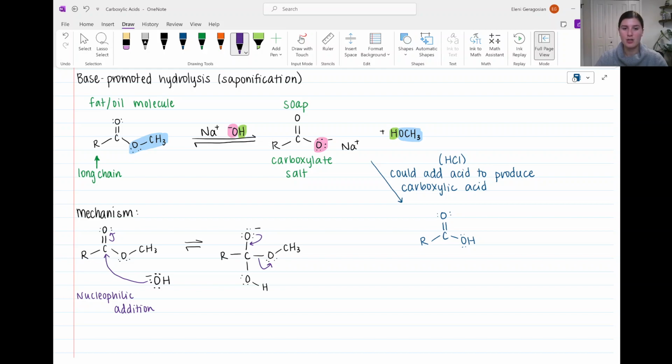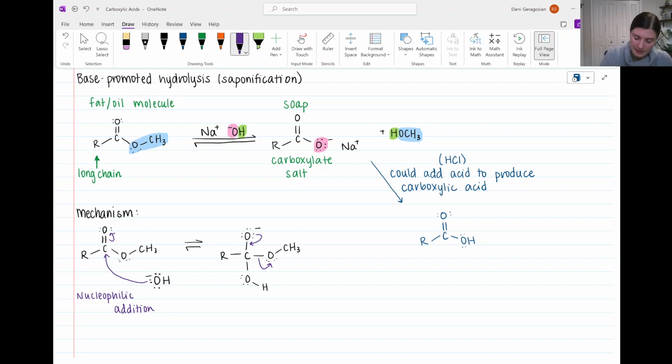If we think about this carbon that's bonded to 3 oxygens, that carbon is bonded to 3 electronegative groups. It's lacking electrons in a major way. So that negatively charged oxygen is going to share its electrons to create an overall more stable molecule.